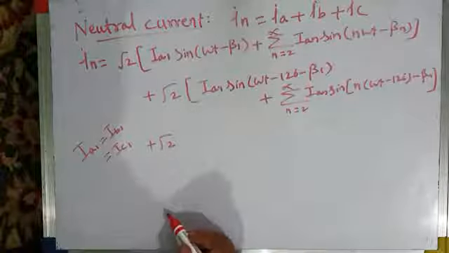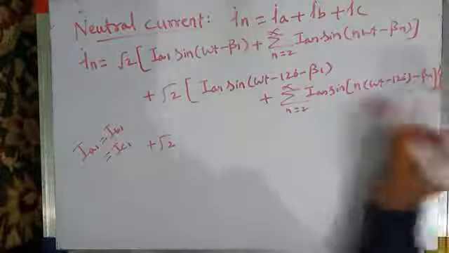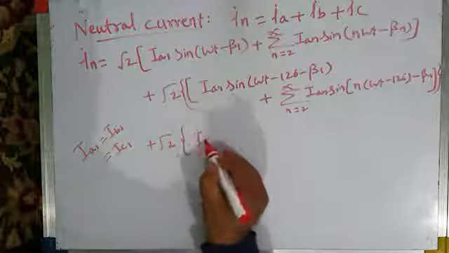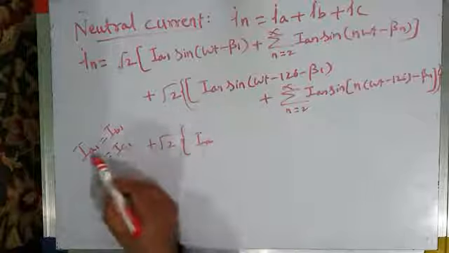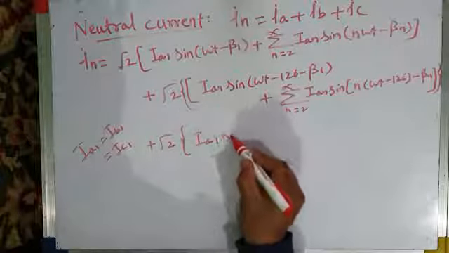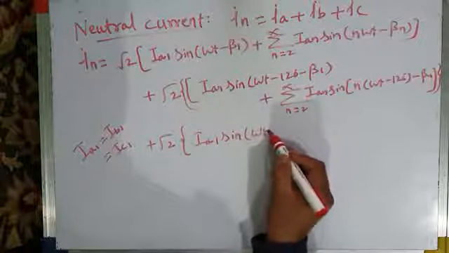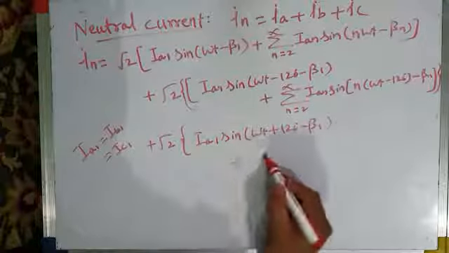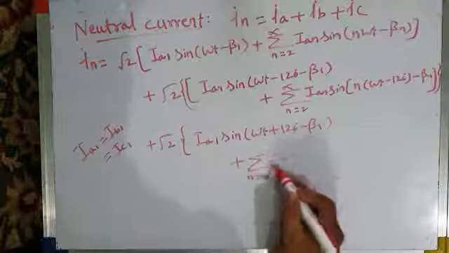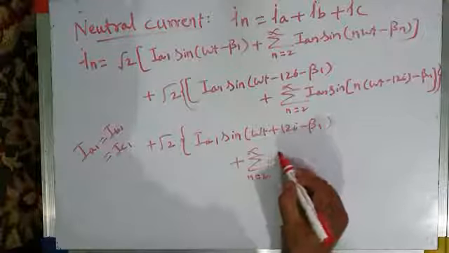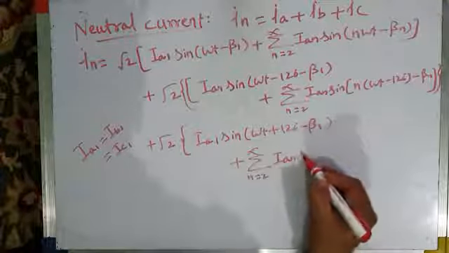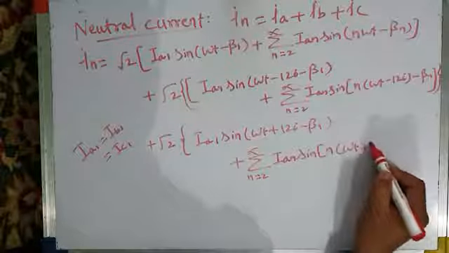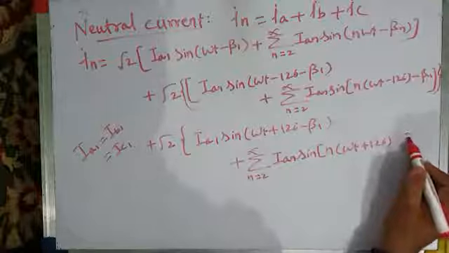Similarly here I will take root 2 outside, so it's like this. IA1, it's basically IC1, but IC1 is equal to IA1, so I will write IA1 sine of omega t plus 120 degrees minus beta 1 plus summation, now the sum of harmonics, n equal to 2 to infinity IAN sine of n times omega t plus 120 degrees minus beta n.